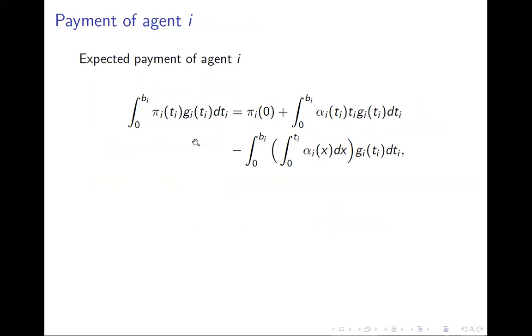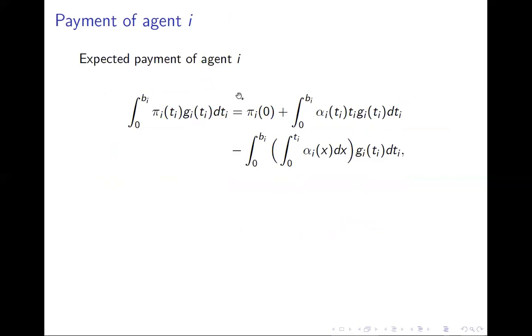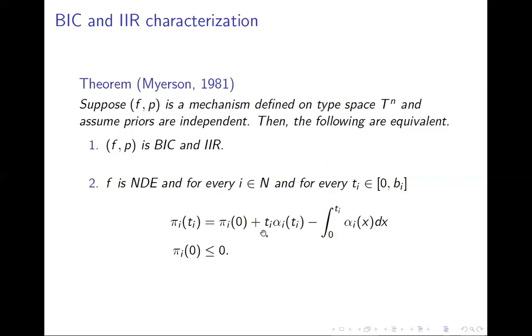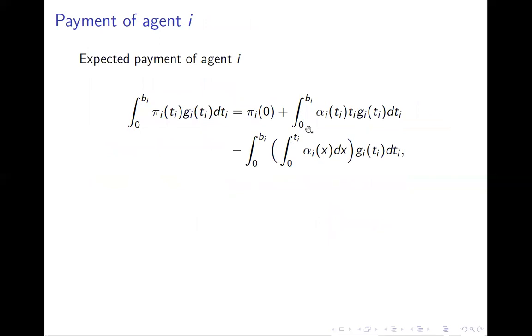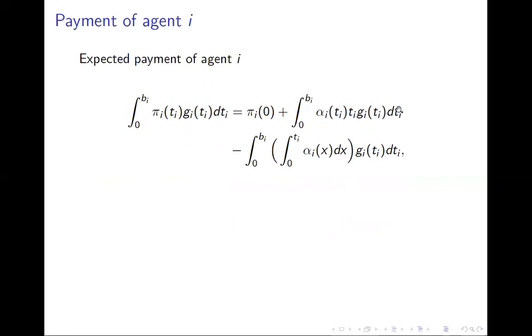So I just substitute pi_i(t_i) by this. The first term is a constant. Because this is a probability distribution, it just gives you the constant back, pi_i(0). The second term, I'm going to keep as it is, the integral from 0 to t_i of alpha_i(x) dx, multiplied by g_i(t_i), so it remains as it is.